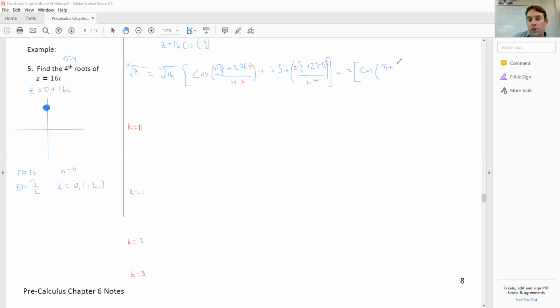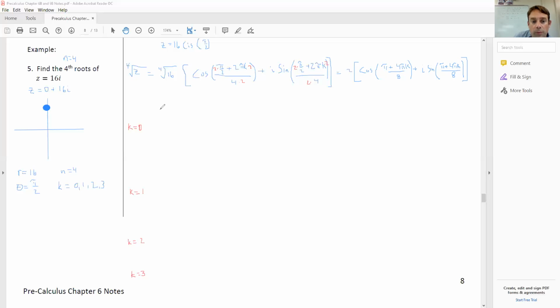So cosine of pi plus 4 pi k all over 8, plus i sine of pi plus 4 pi k all over 8. So here we go. Let's plug them in.